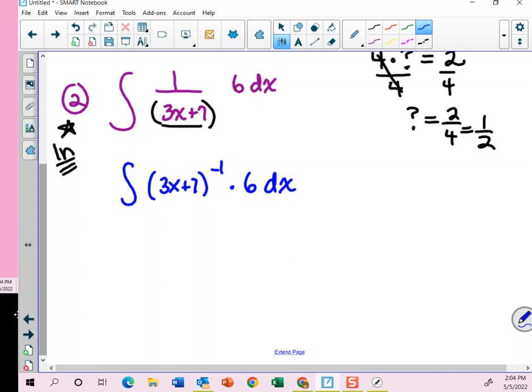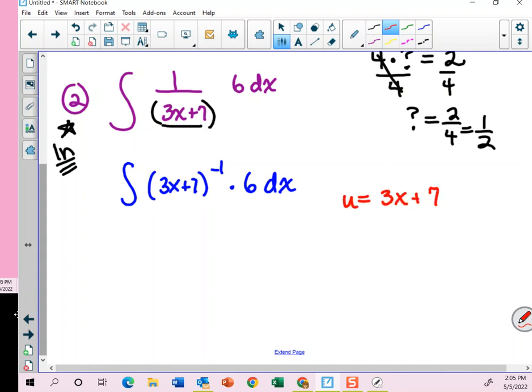That's a natural log. If I try to add 1 to that exponent and then divide by the result after I do the u sub, I'm going to be dividing by 0. So if you find yourself in the middle of dividing by 0, that's a good clue that you probably shouldn't be doing that power rule thing. You're probably on a natural log problem.